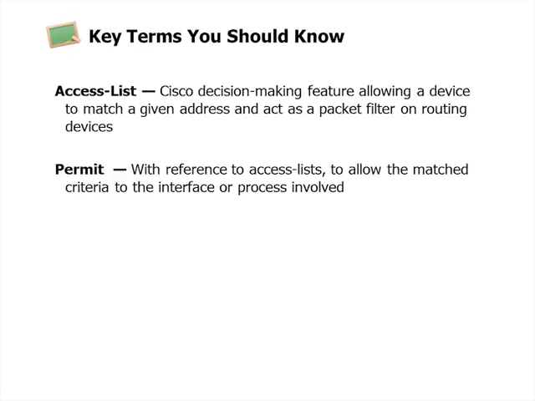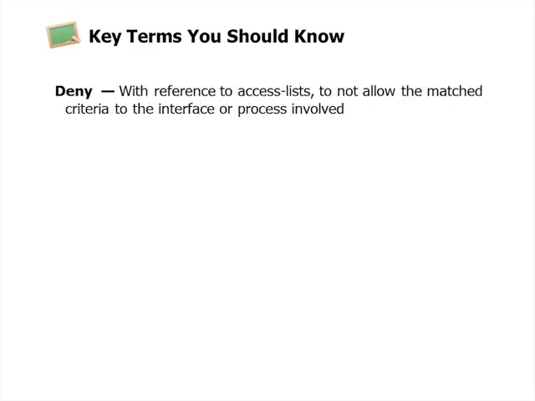Permit, specifically with reference to access lists, is to allow the matched criteria to the interface or the process involved. To the interface of using it as a packet filter, to the process if it's routing or policy-based routing or something of that nature. Then there's deny, again, specifically with reference to access lists, to not allow or to block the match criteria to the interface or process involved.